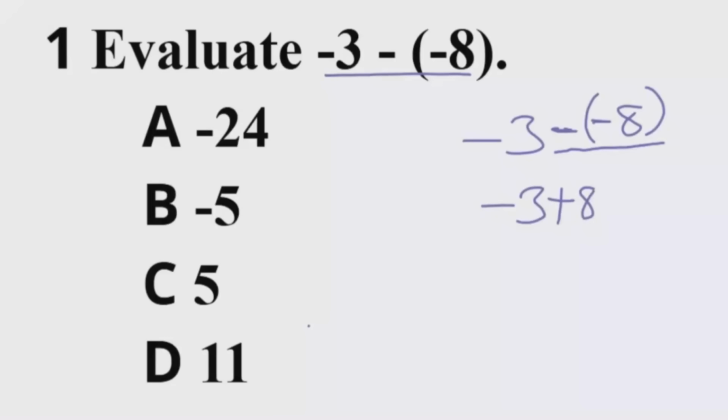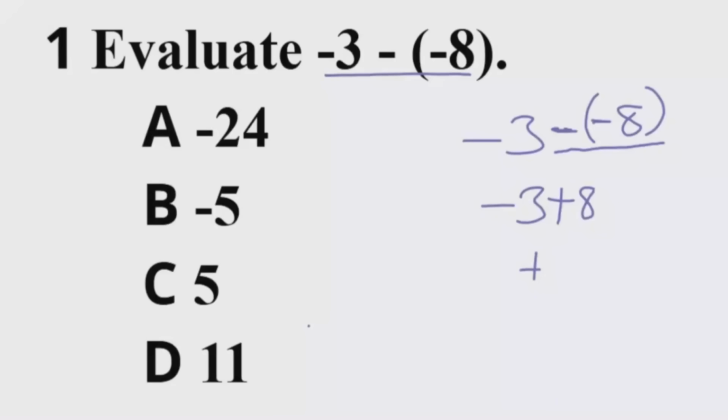Then we evaluate that. We ask ourselves which number is bigger between 3 and 8, without considering the signs. We say 8 is bigger. What is the sign of 8? That is positive. So we know that our answer will be positive. Then we say, what is the difference of 8 and 3?